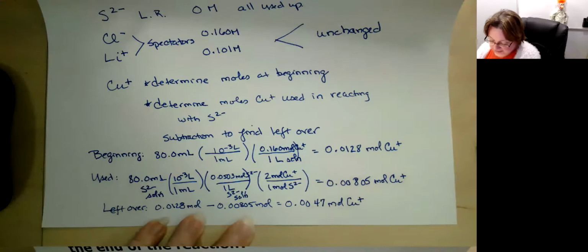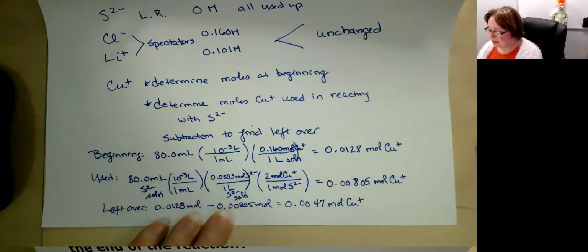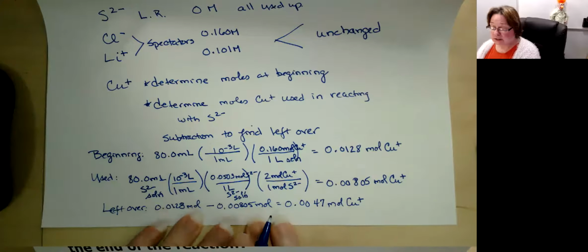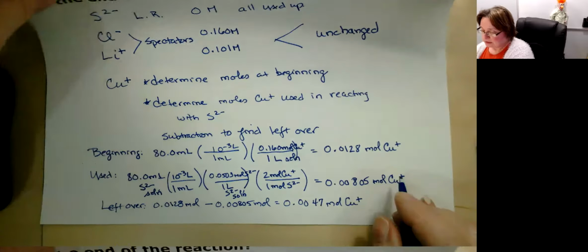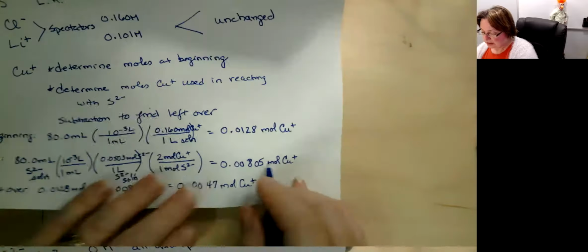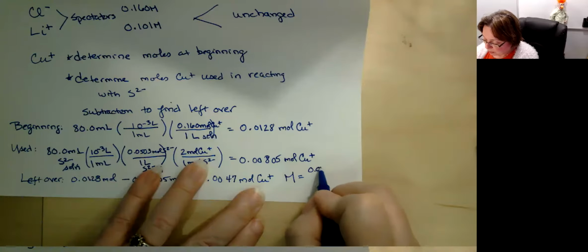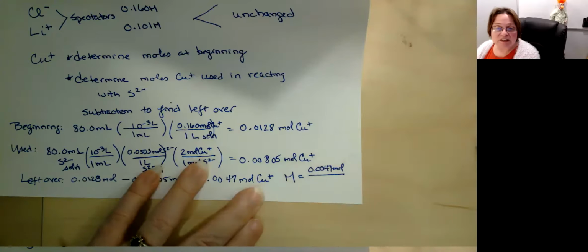of copper ion. That's what is sitting there, left over, unused, still there at the end, which is exactly what our question was about. It asked for the molarity at the end of the reaction when it was all done. That's not a molarity, that's moles. So we do need to divide it by the number of liters. So the molarity of our copper is the moles, 0.0047 moles, over the liters.